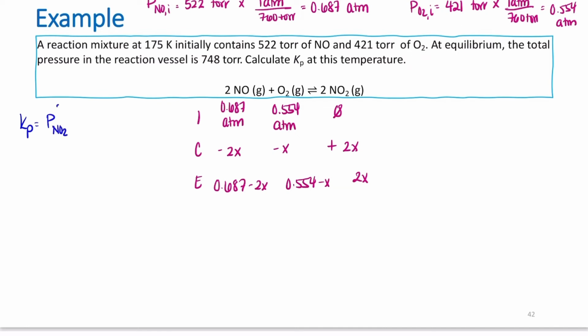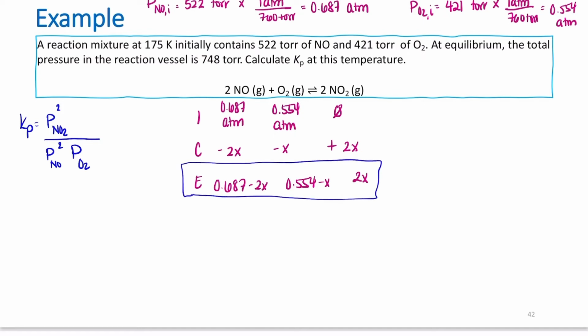So the partial pressure of NO2 squared divided by the partial pressure of NO squared times the partial pressure of O2. I know their initial pressures, and I know that this is their equilibrium. But I also know that the total pressure at equilibrium is equal to 748 torr.